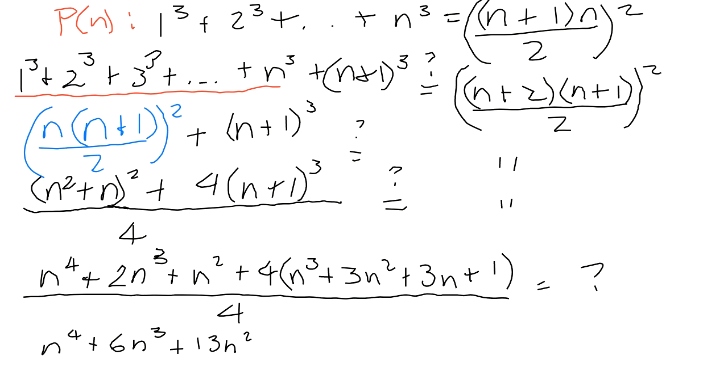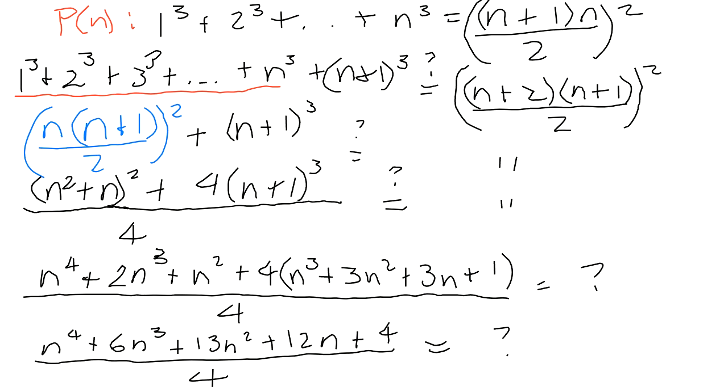What is next? 12n and then 4, all over 4. All right, so we're still not sure about the equal yet. The question mark was in the wrong place. It should be a tilde. The question mark should be right here. So everything on the right hasn't changed. The right side is still the same. All right, so quickly, and then we'll finish it.